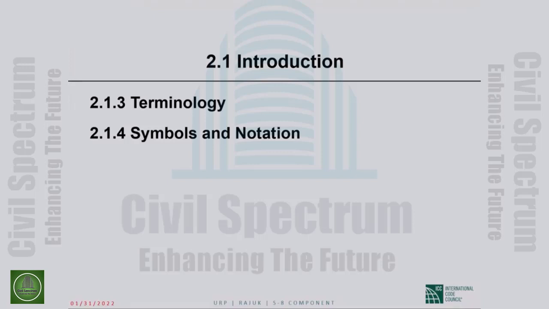And I have seen through long experience that a significant part of those questions would be answered if the questioner simply looked at the terminology given in the code. Those definitions of terms are extremely important. If you look at them, if you understand them, many questions go away.